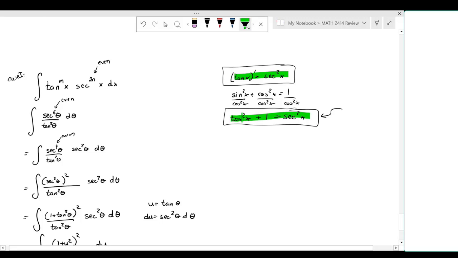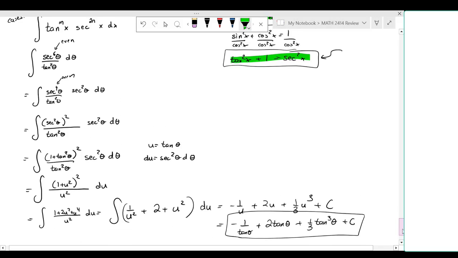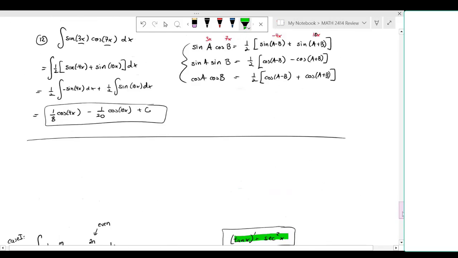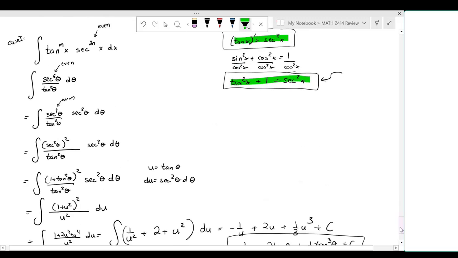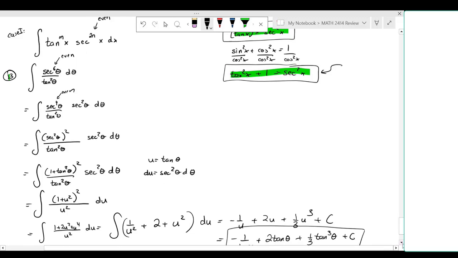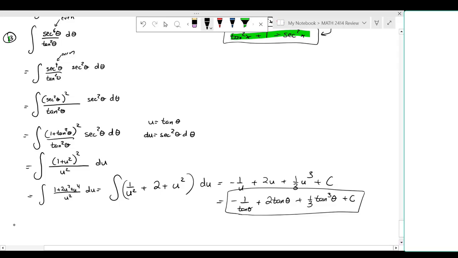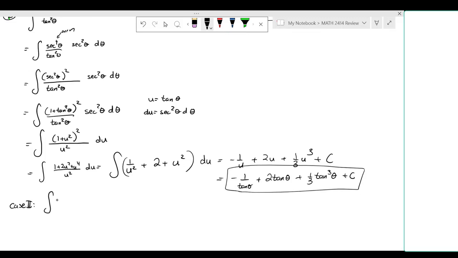So I guess the next case, case 2, would be where the power for tangent is, well, you can tell me. What example was this? 13. I'm just numbering these for my sake. Okay, another case. Maybe let me just trigger your memory.